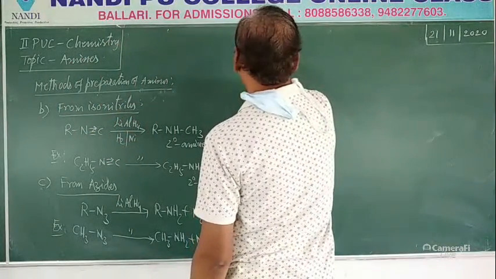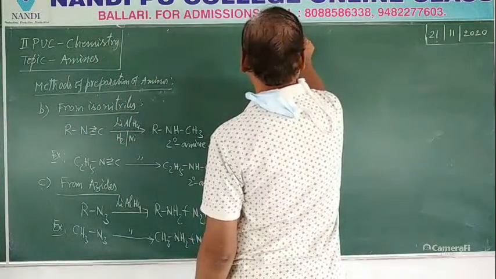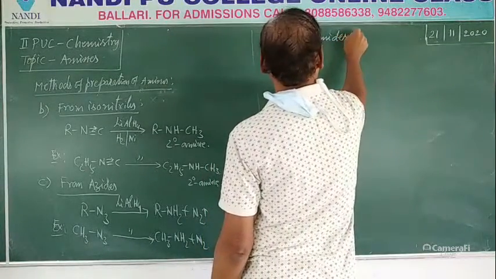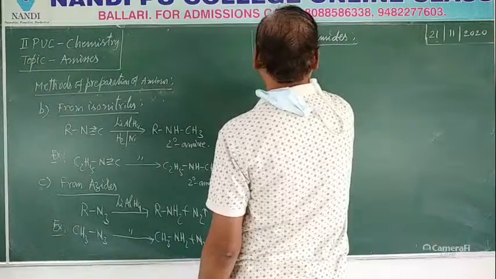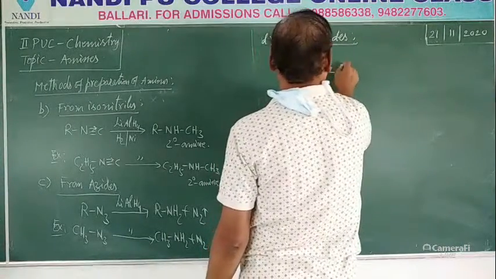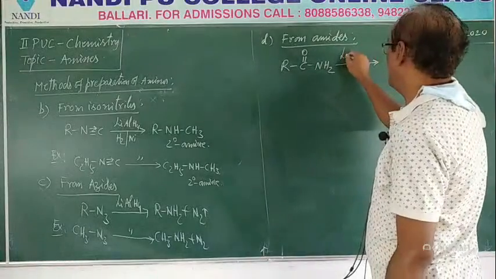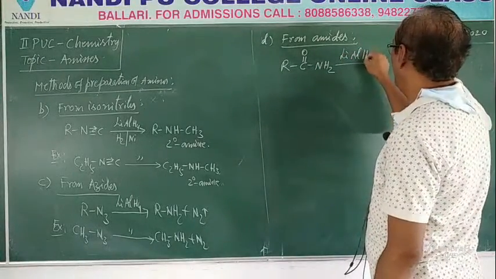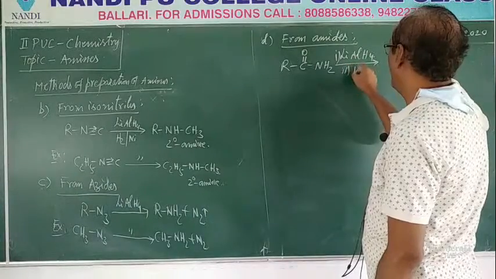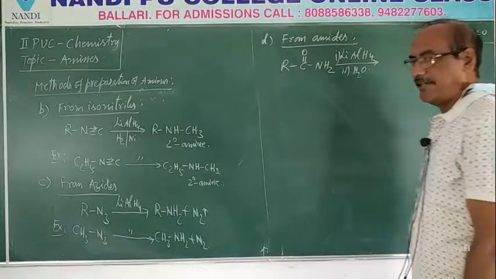Then I can go for amides. From amides, you know, children, RCONH2. This is the amide. This is treated with LiAlH4, lithium aluminum hydride, and H2O.